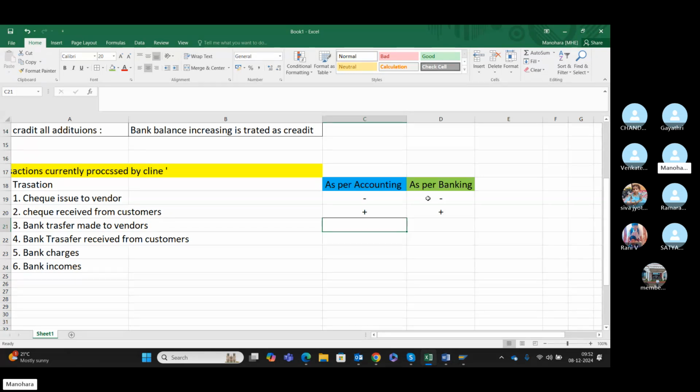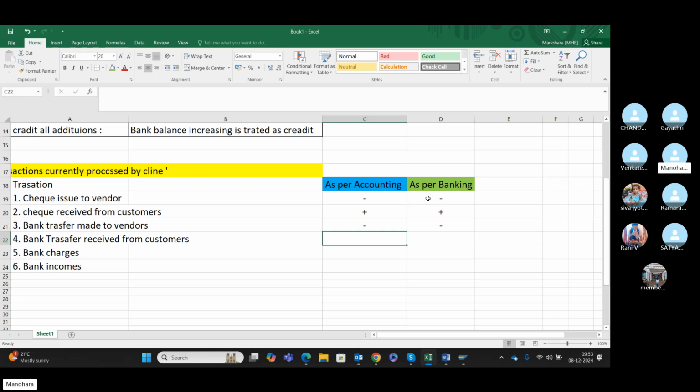And bank transfer made to vendor. Is bank transfer made to vendor positive or negative as per accounting? Negative. As per banking, also negative, right? They will also deduct the amount from your account if you transfer from your account.